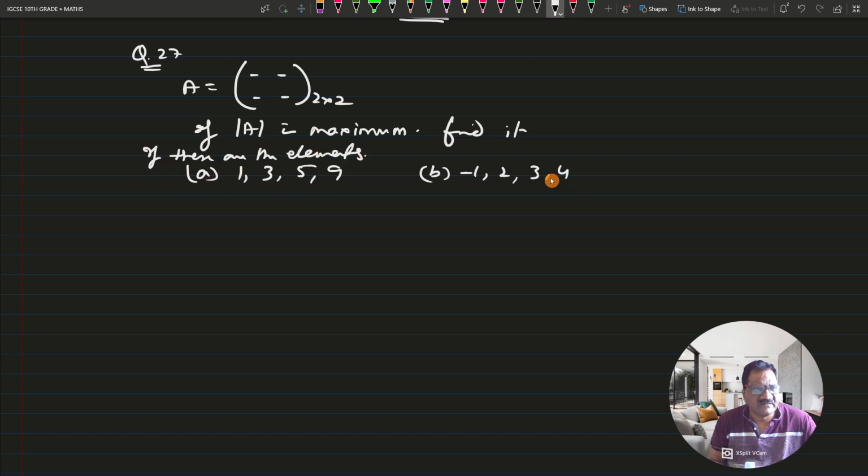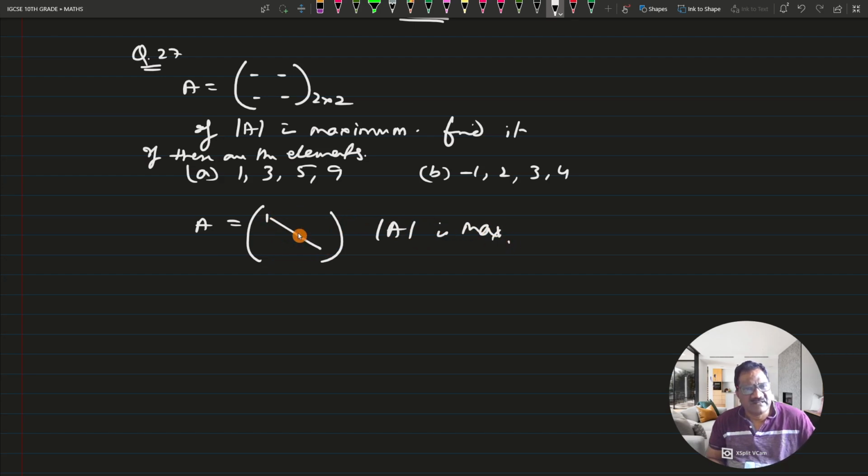Obviously, if you have a matrix A and you want the determinant of A to be maximum, this product, this into this, minus this product, this into this, should be maximum. And what should be that maximum value?